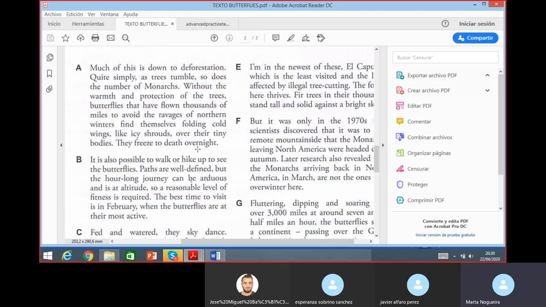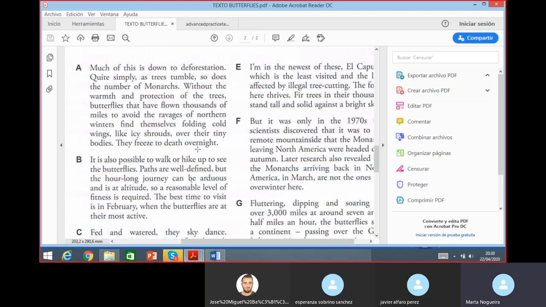Without the warmth and protection. Warmth is affection, hot. Okay, heat. And protection of the trees, butterflies that have flown thousands of miles to avoid, evitar, the ravages, deterioro, of northern winters find themselves folding cold winds like icy shrouds over their tiny bodies.